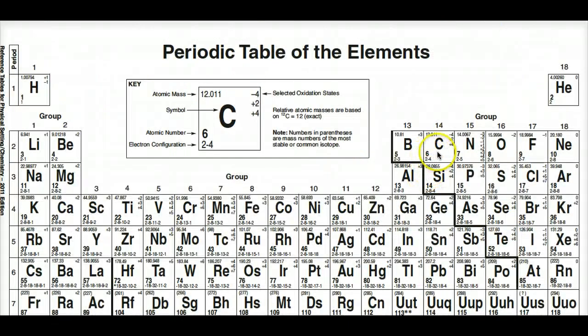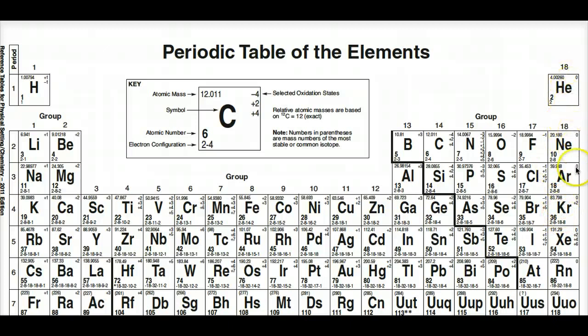This octet rule that we follow with ionic bonding and even covalent bonding is the idea that elements want to become stable. One of the ways to become stable is to have an arrangement of electrons like these noble gases. These noble gases are unreactive for the most part because they are low energy, which means you have to add a lot of energy to them to make them change.